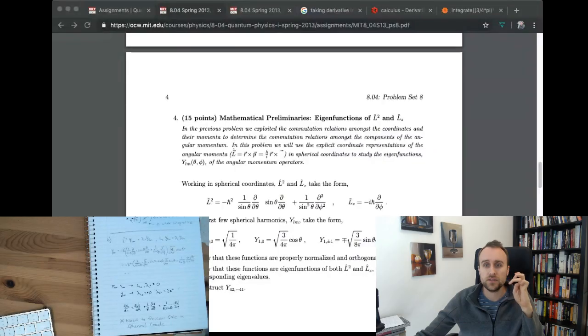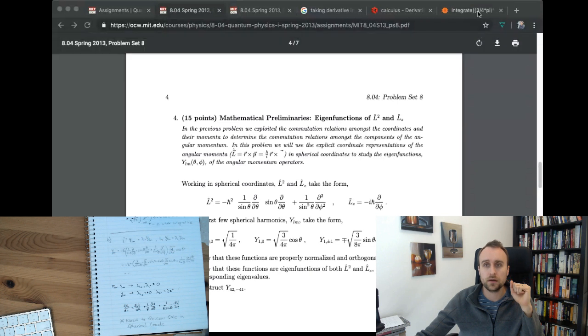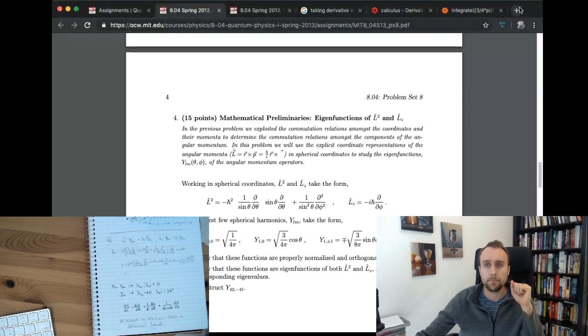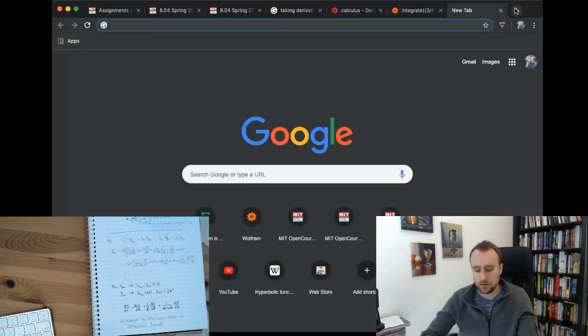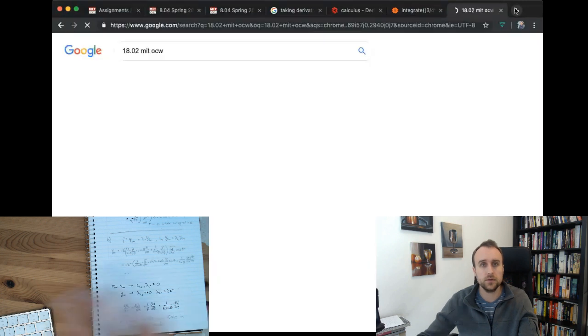So I'm going to switch over to this view, look around, and see if I can find anything. Let's go to 1802 MIT OCW.